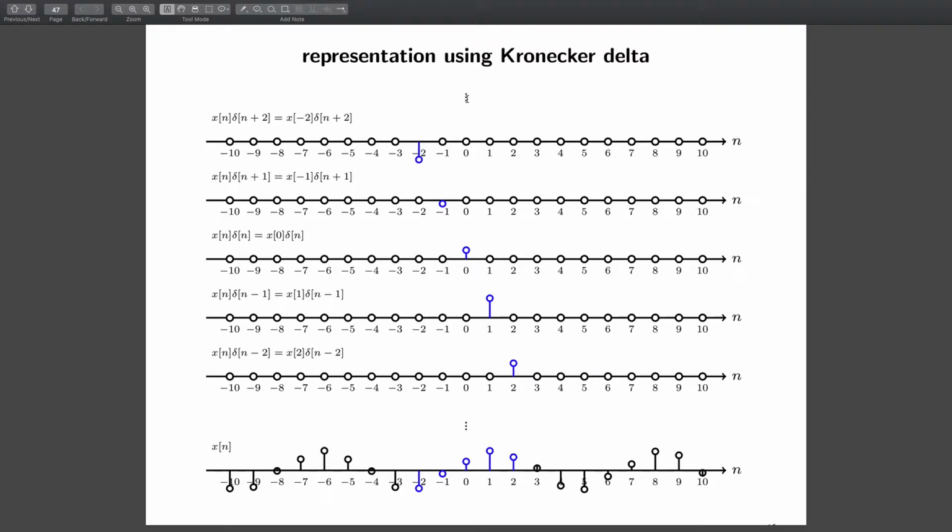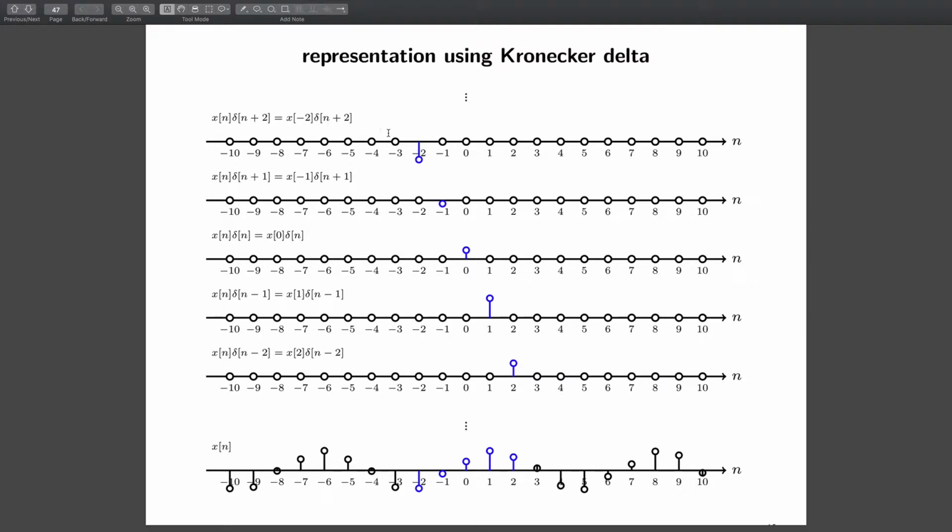I can't fit on one page all of these delayed delta functions, so I've represented just a few, and I'm using the ellipsis here to make us think about the fact that there are delta functions not displayed.